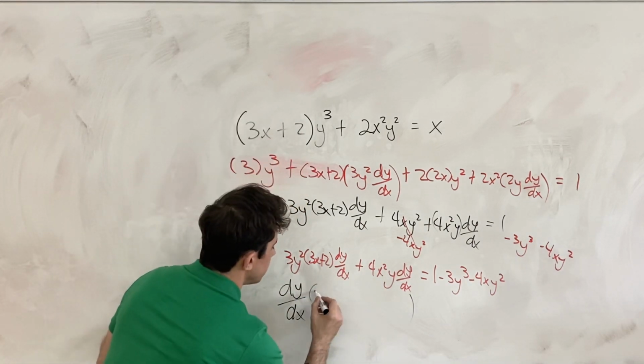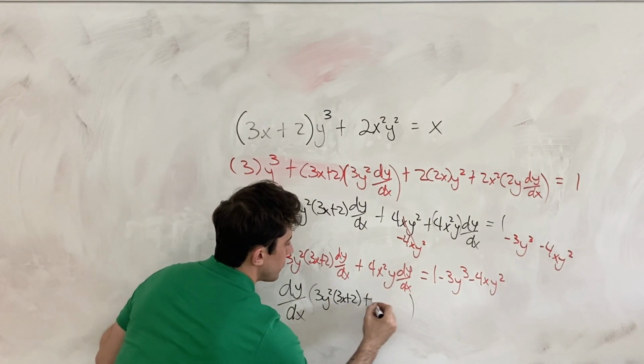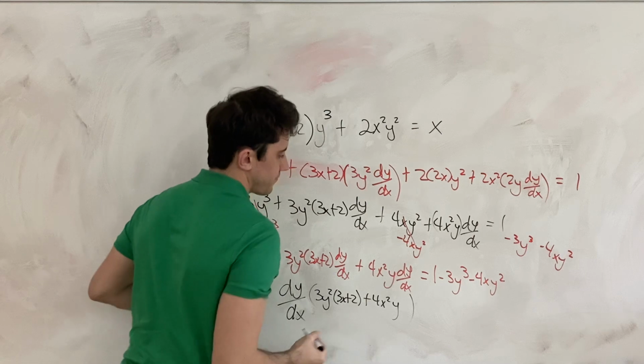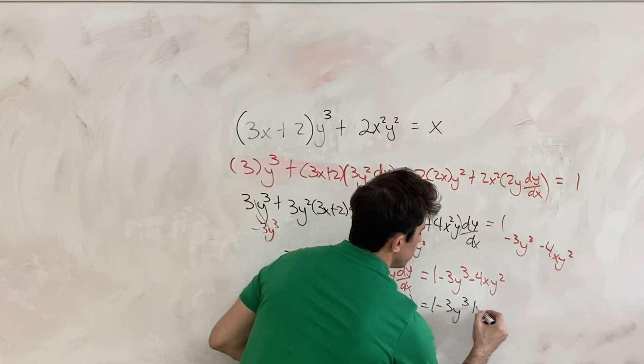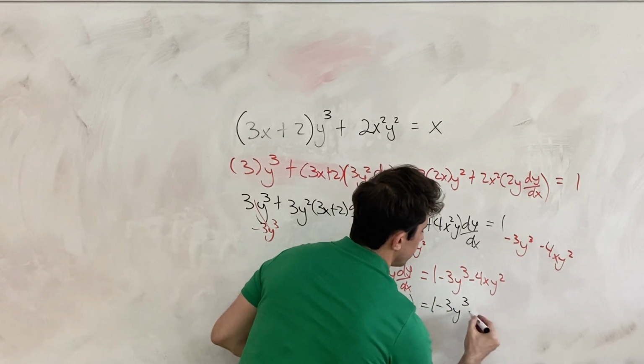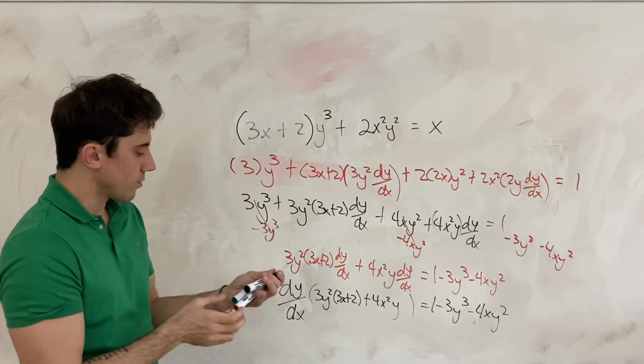And so that'll mean 3y squared times 3x plus 2 plus 4x squared y, still equal to the right-hand side of 1 minus 3y cubed, whoopsies, minus 4xy squared, okay? And we're almost done.